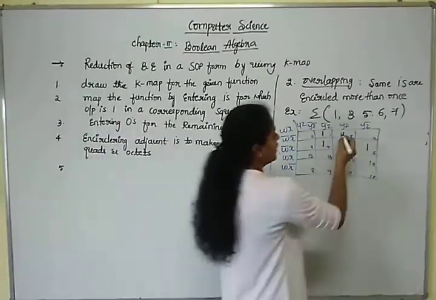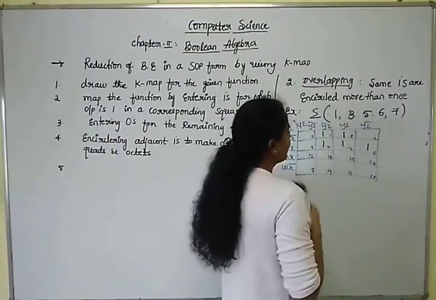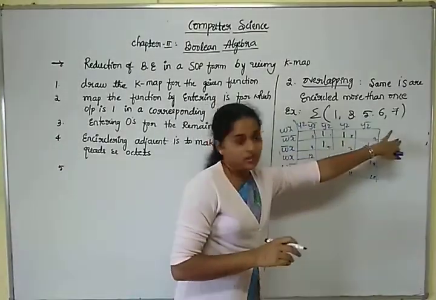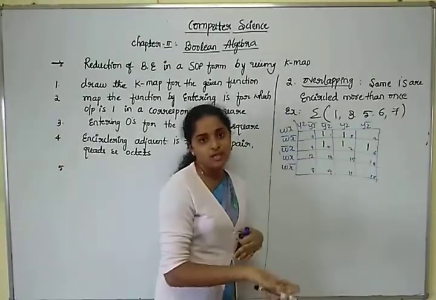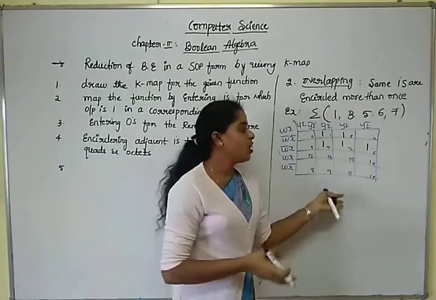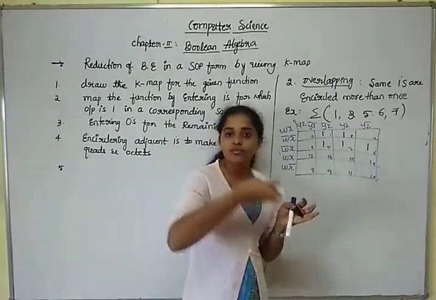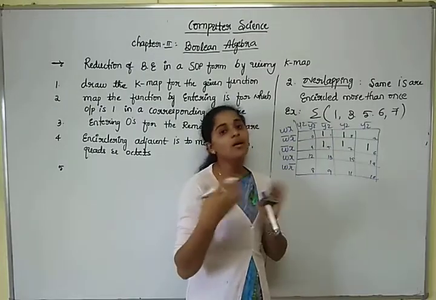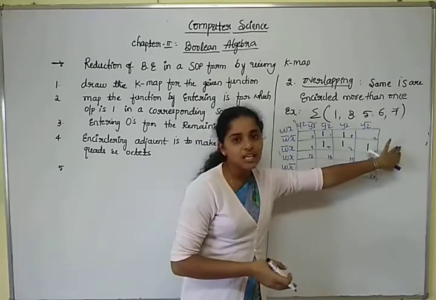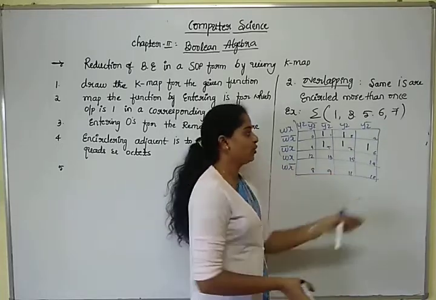In the given map, while encircling the adjacent ones, first we have to concentrate on the octet group, because in the octet group more variables are reduced. In the octet group 3 variables are removed, but in the given map there are no possibilities for octets.